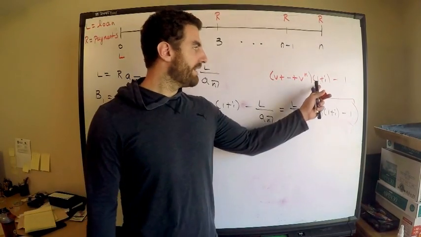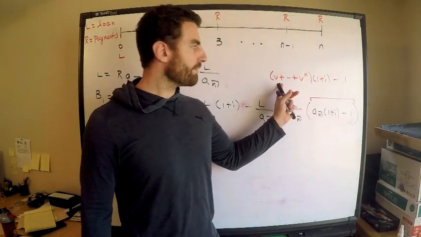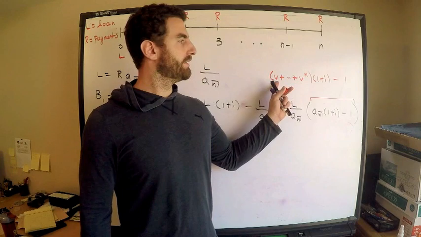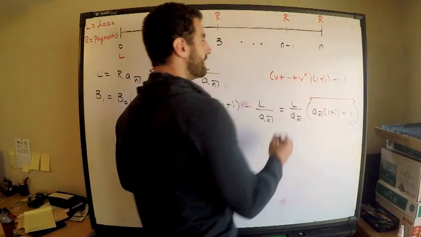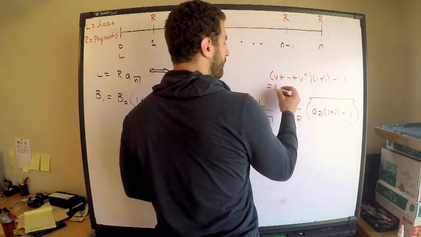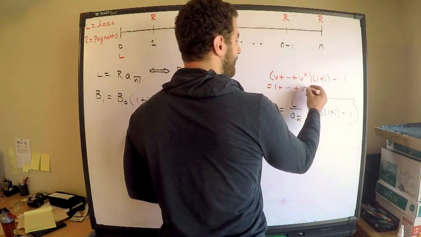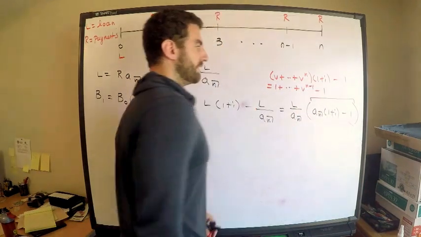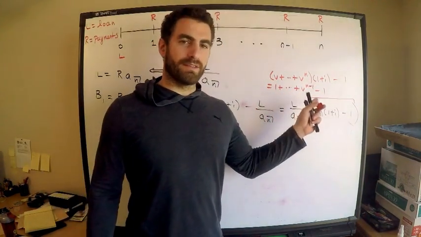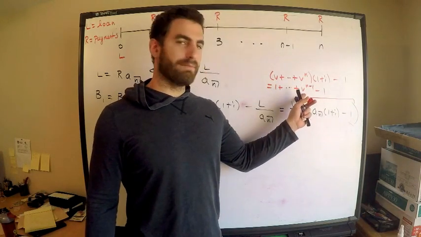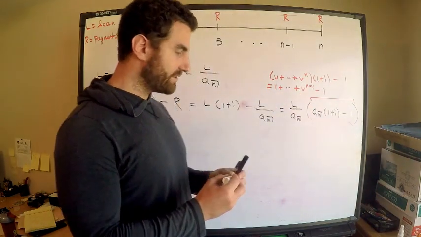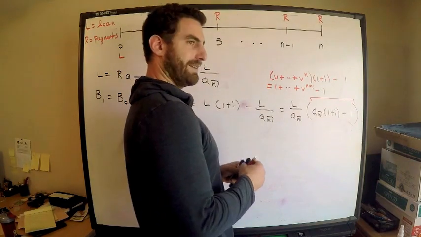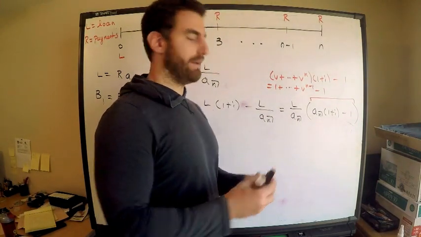And think about this for a second. If I distribute 1 plus i, remember v is the reciprocal of that. So what is this going to be? This is going to be equal to 1 plus v to the n minus 1, minus 1. The 1's cancel, so I get v all the way up to v to the n minus 1. Oh, that's just a angle n minus 1.